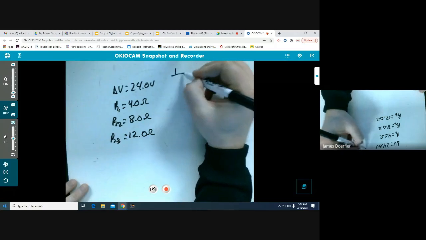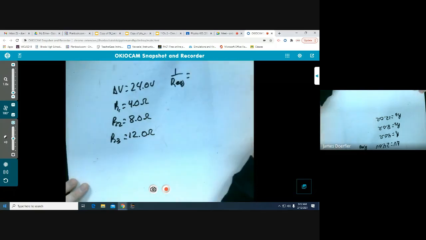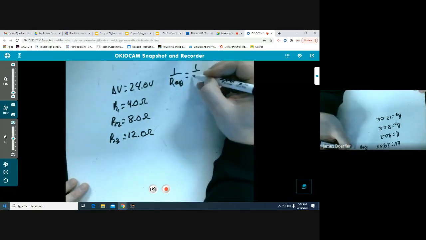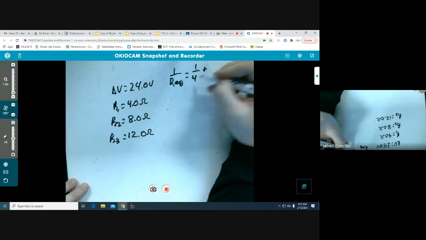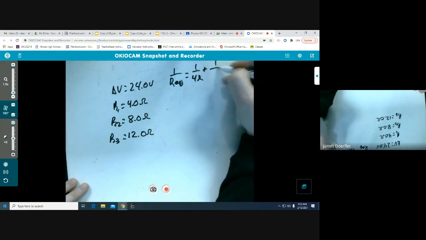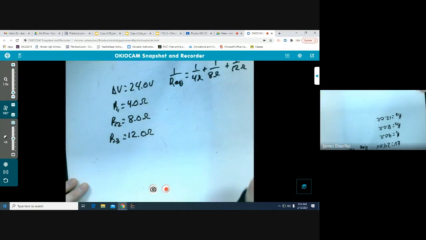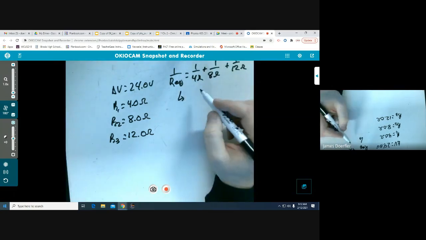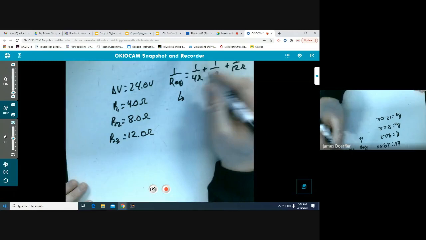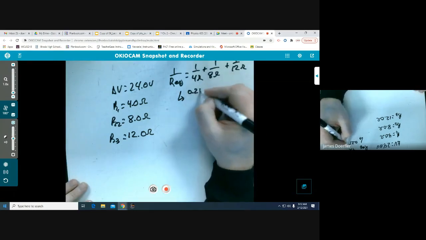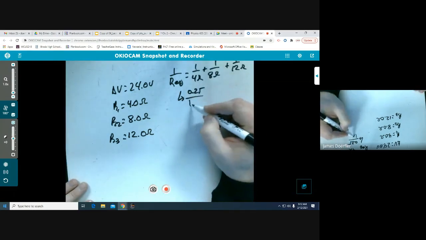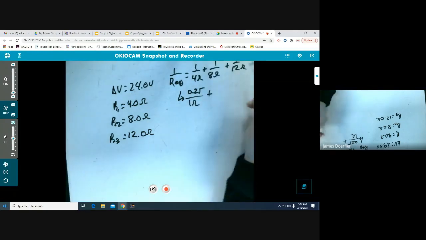So to find the equivalent resistance again, 1 over REQ, we got 1 over 4 ohm plus 1 over 8 ohm plus 1 over 12 ohm. My ohms are starting to look like R's. So we get 0.25 for 1/4. What about 1 over 8? 0.125 over 1 ohm.